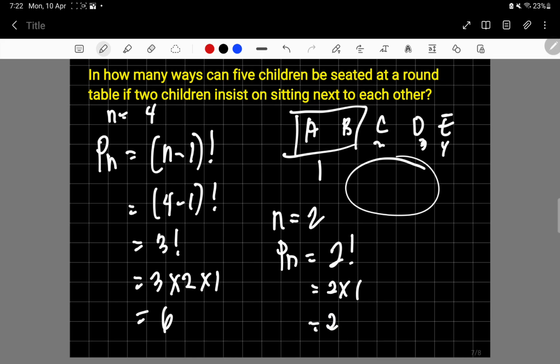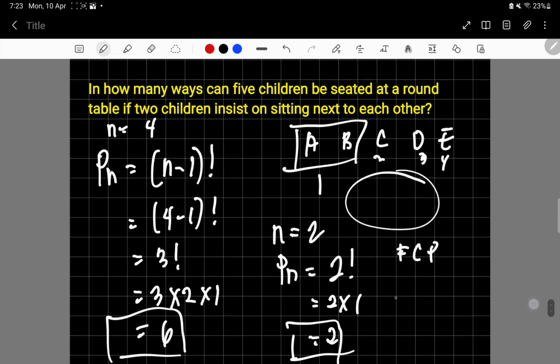Then, applying the fundamental counting principle, we have to get the product of this permutation and the permutation of the 2 children. So, that is equal to 6 times 2, which is equal to 12. Therefore, there are a total of 12 possible arrangements.